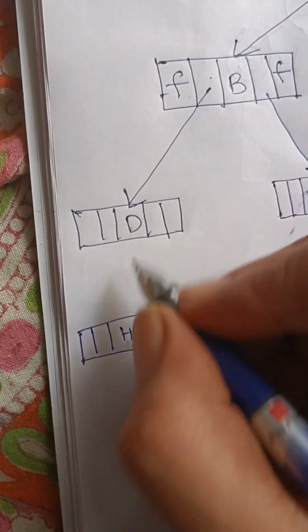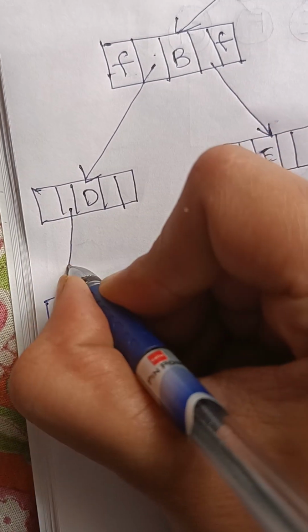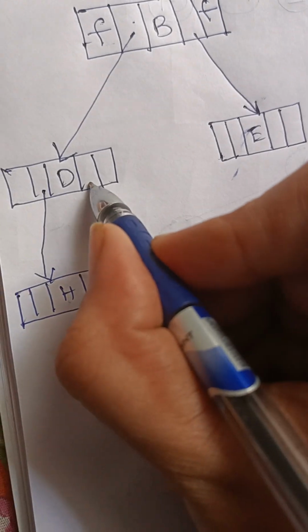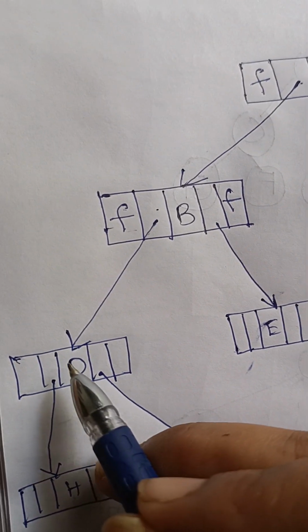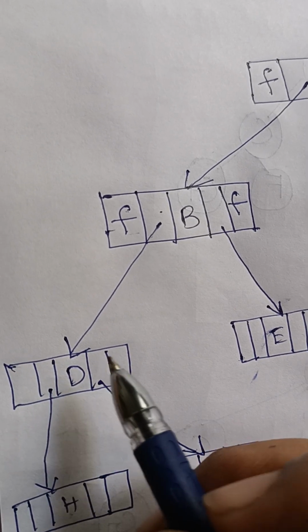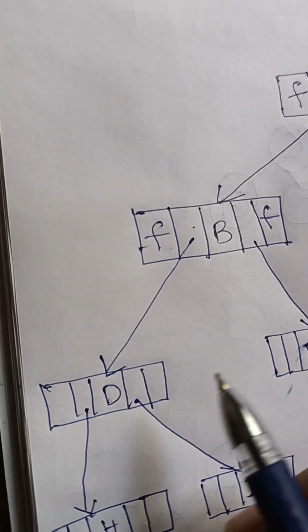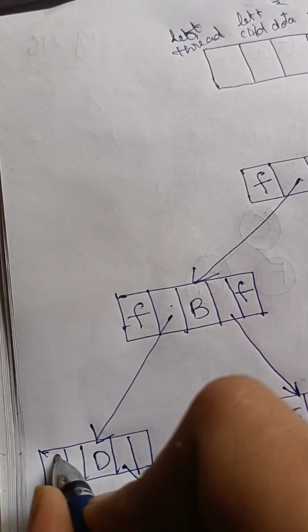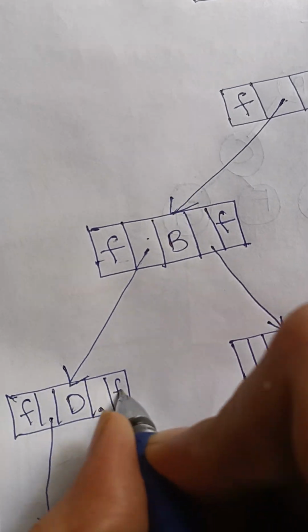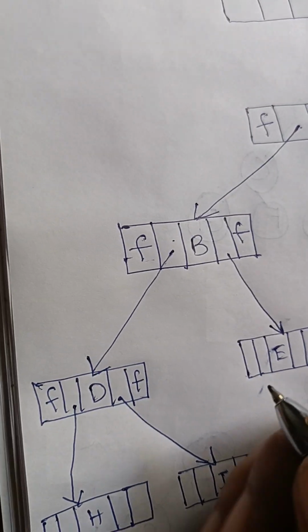So your H is the left child of your D. Mark it. The right child of your D is I. Okay. Now for D, do we have a thread? We have to go check. No, we don't have. So we can mark it false. There is no left or right thread, right?